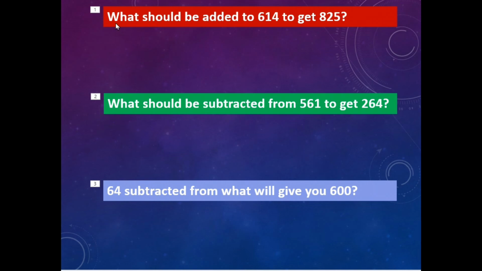So what should be added? That means something is getting added to 614, to get, means to give the answer as 825. So some number is getting added to 614 to give you the answer as 825.